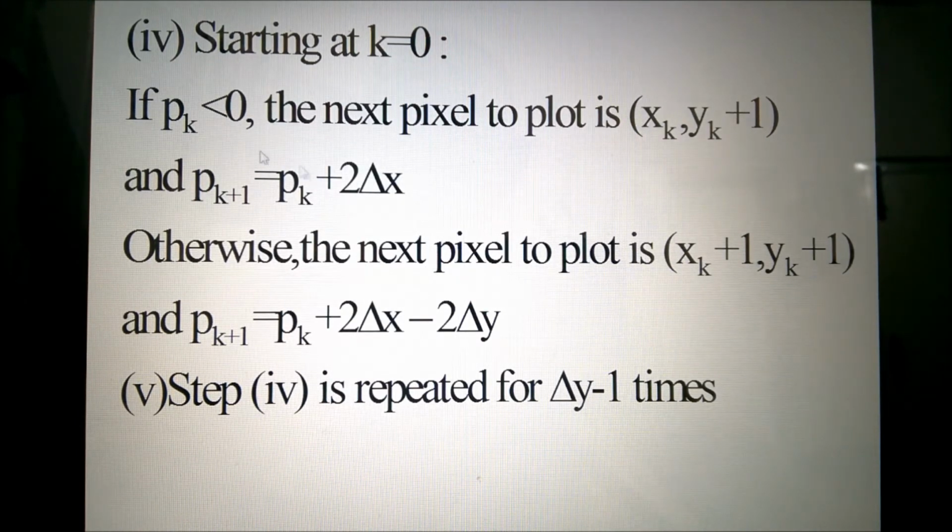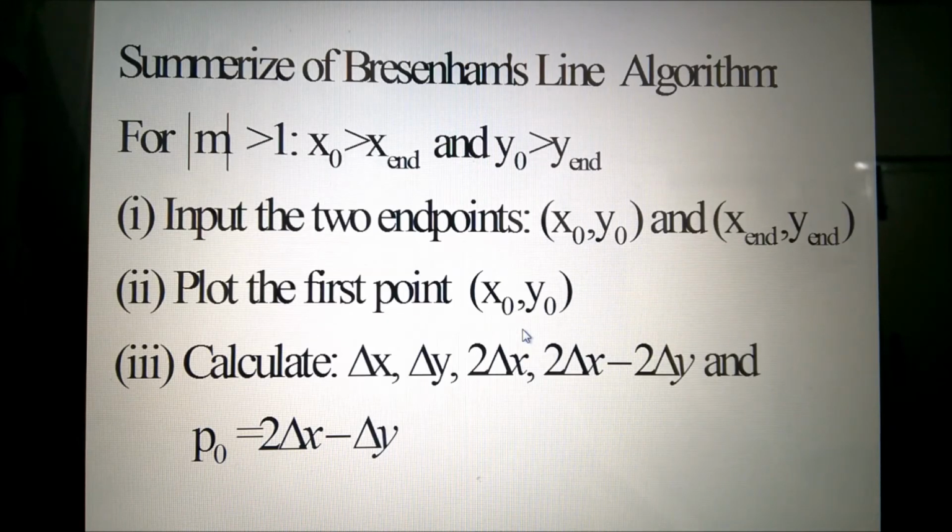Because it is less than 0, x k will be the same as the previous value, and otherwise both will be incremented by 1. And you can see the next decision parameter will be this, and this will be repeated for delta y minus 1 times.